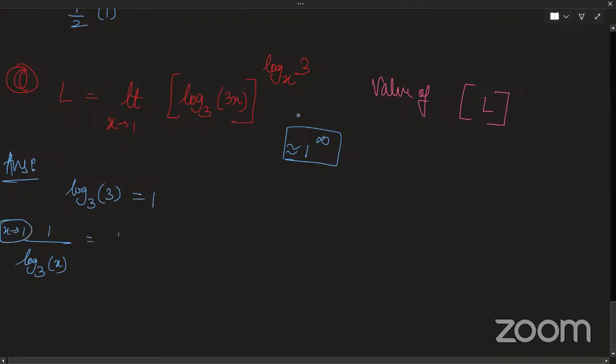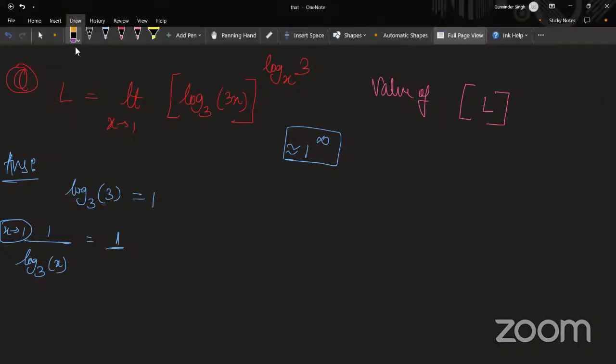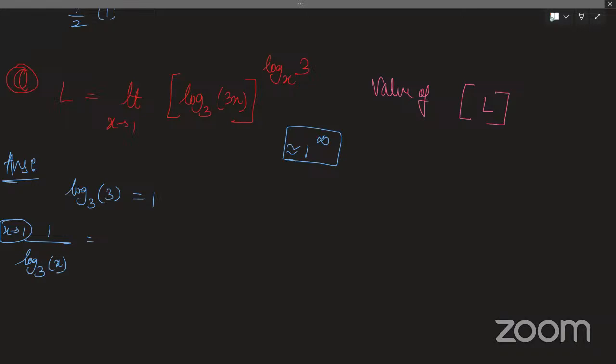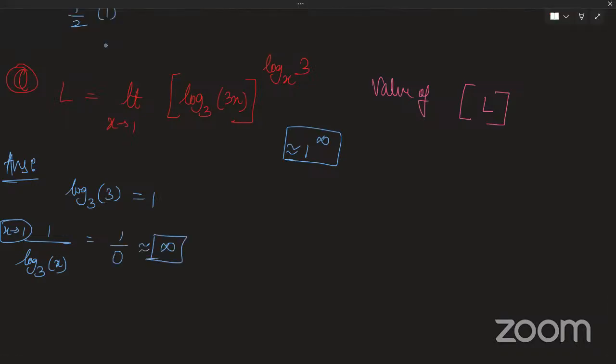So what is this value tending to? What is logarithm of 1? 0. So this tends to 1 by 0, and 1 by 0 means infinity. So this thing is basically 1 raised to infinity. Great.